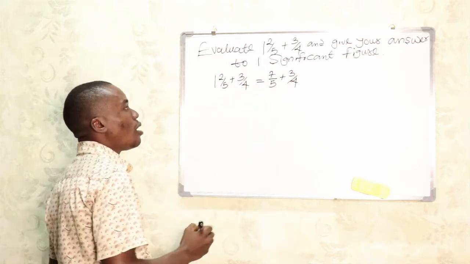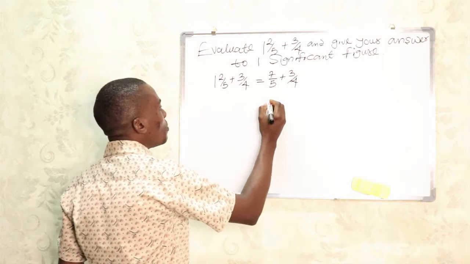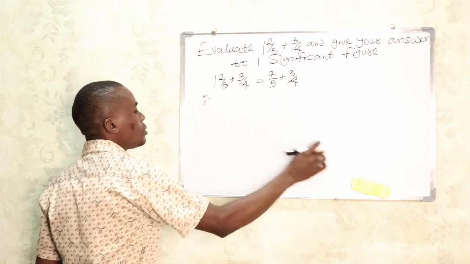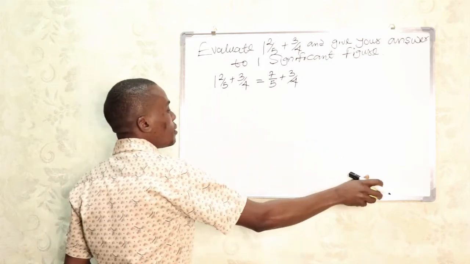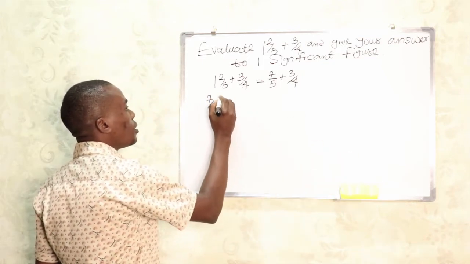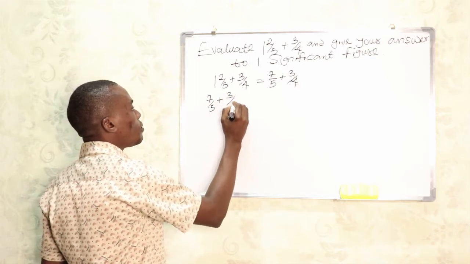Now the next thing you have to do is to look for the LCM of this, the LCM of 7 over 5 plus 3 over 4.